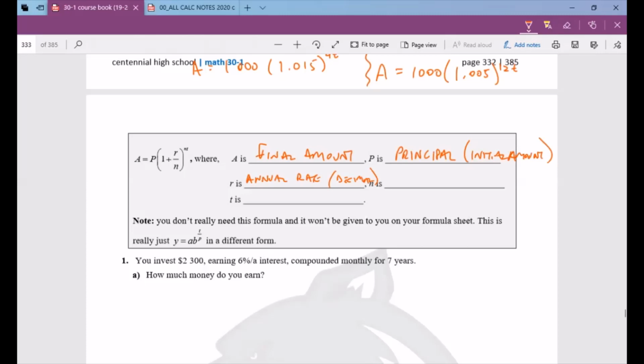N is your number of compounding periods per year, and t is your number of years.